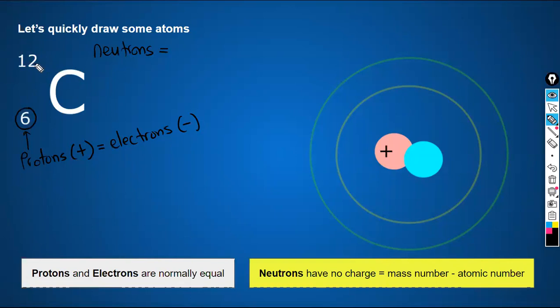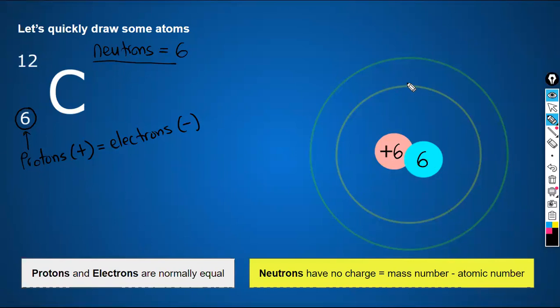Now, it just so happened 12 minus 6 will give us 6. So it has 6 neutrons as well. How many protons does it have? 6 protons. It has 6 neutrons, and it should also have 6 electrons, right? So apparently in this question, everything is 6.